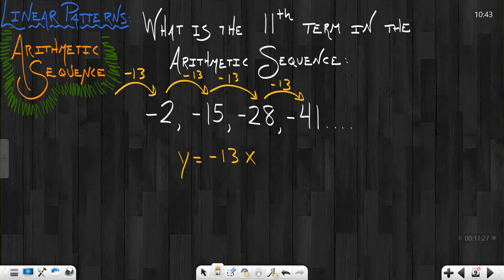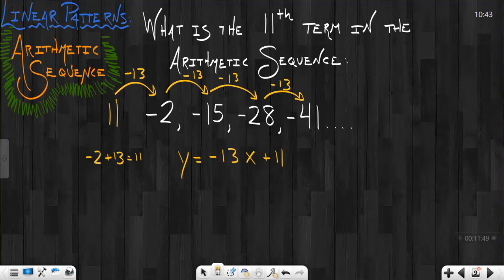What minus 13 will get me down to -2? It's going to be somewhere in the positive. If that's a little bit harder to think about, if you wanted to work backwards, you could go -2 plus 13 to figure out that it's 11. All right, 11 minus 13 is -2. So you can always do the opposite to go back in these ones that are a little bit more challenging. All right, so we find out here is positive 11.